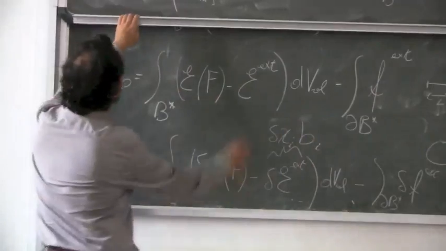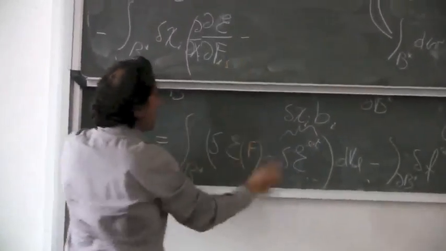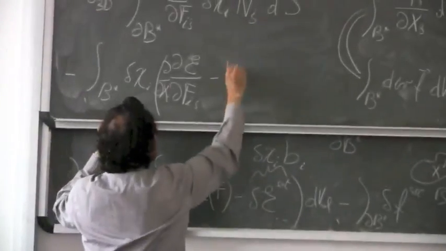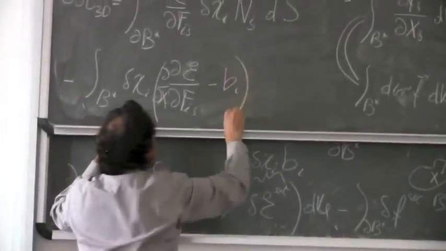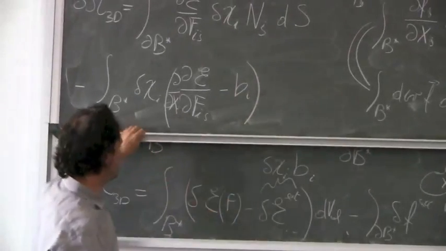You see that here is replaced with this. This is minus bi. Okay, we include this part.